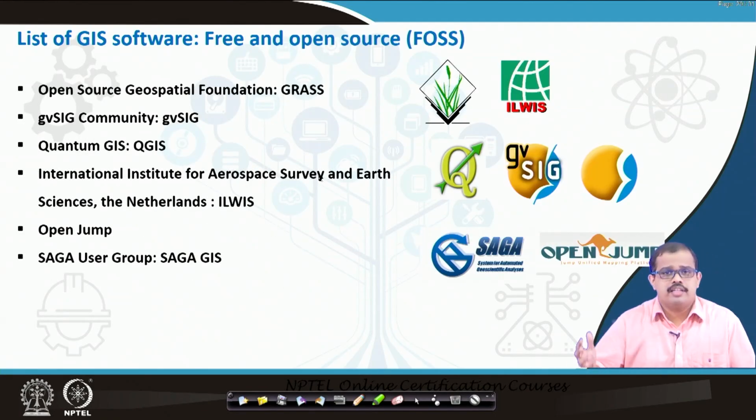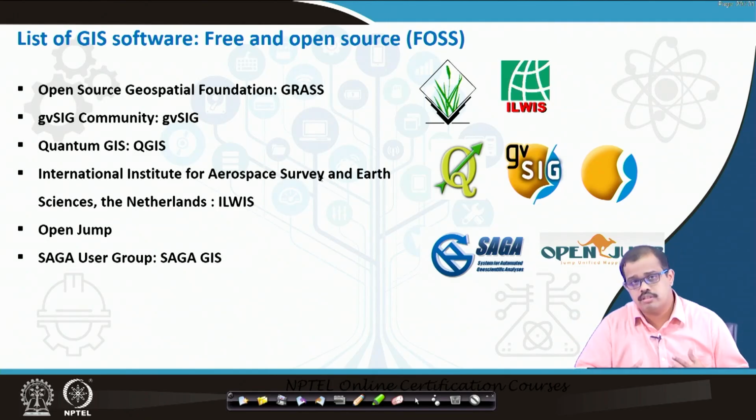And coming to the next set is the open source software. The very well known, the most funded and developed software is GRASS. So it is from the Open Source Geospatial Foundation. GRASS is one software which can handle any kind of data very efficiently.